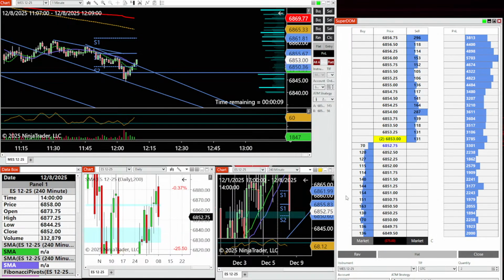Looking for the squeeze, possible squeeze to the upside. Okay, 53.25 is the open.